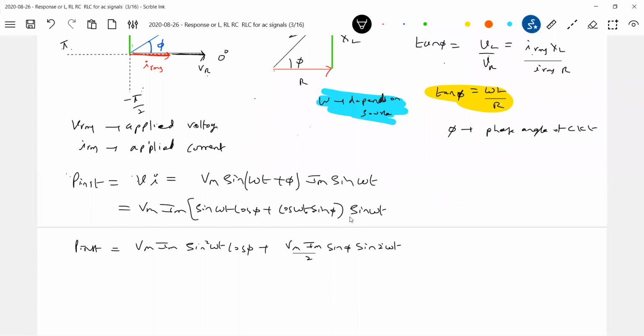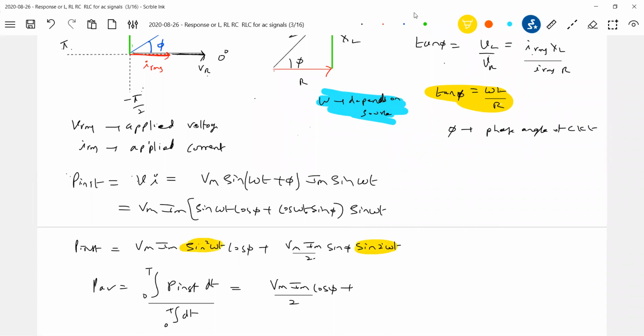Let's go for the average of this, because whenever we talk about average power, I calculate it for one cycle. Now, what is the average value of sine square omega t? 1 by 2. So this will become Vm Im by 2 cos phi. The average of the sine phi term, Vm Im, is constant. But what is the average value of sine 2 omega t? It will be 0.